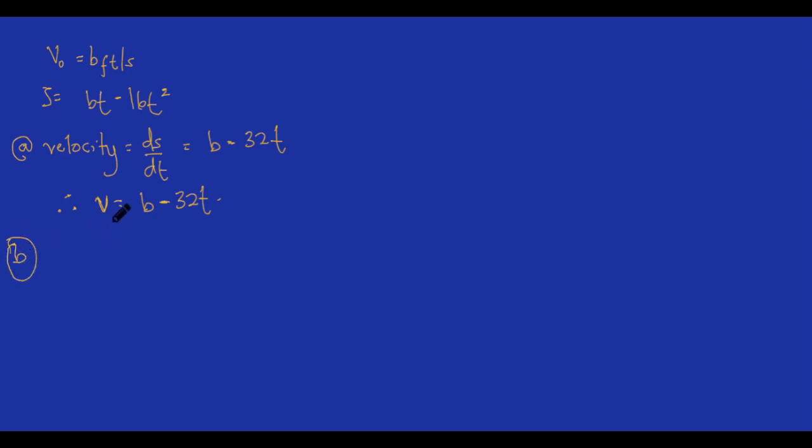For the second question, we are told to find the time at which the height of the ball is at its maximum. For the ball to be at its maximum height, we are trying to find a stationary point, quote unquote. So we are trying to find the point at which the velocity of the body is zero.